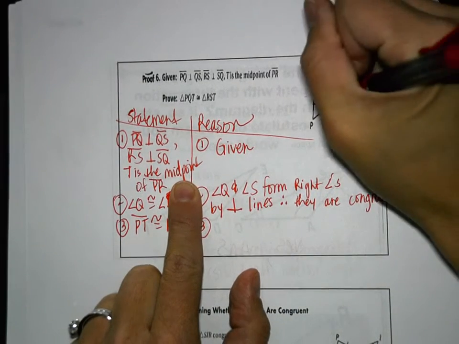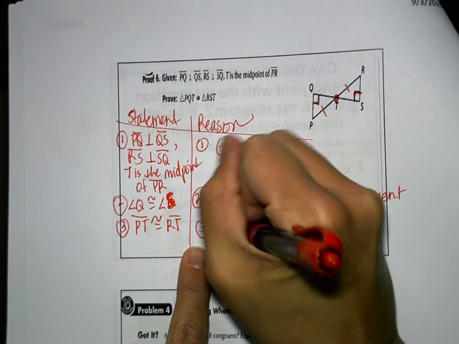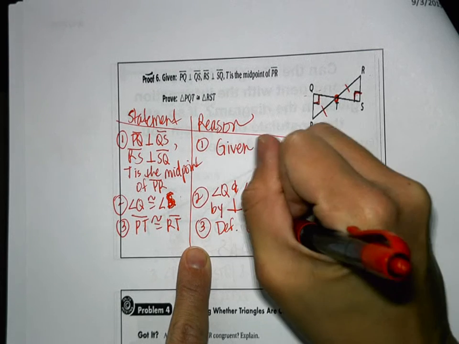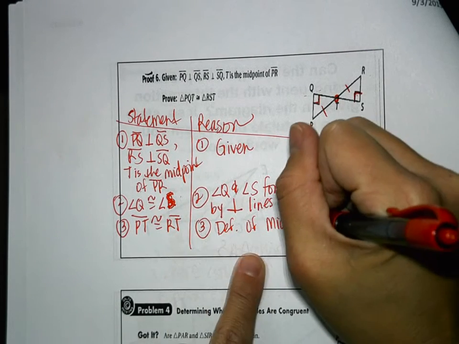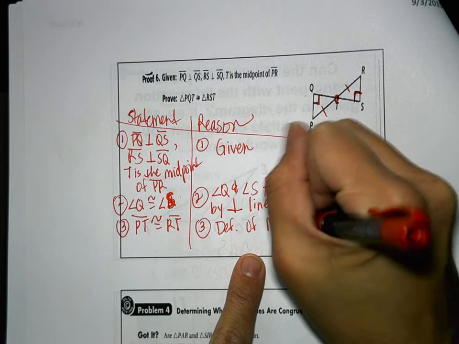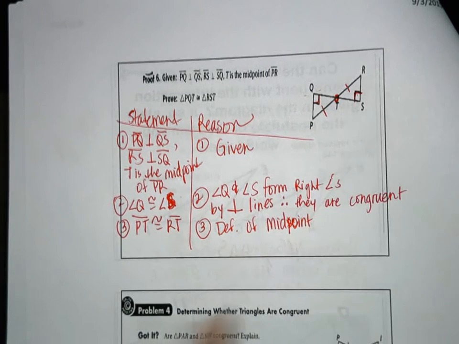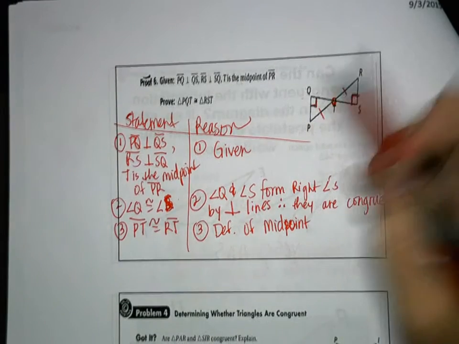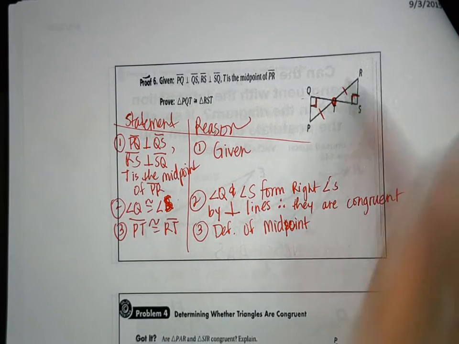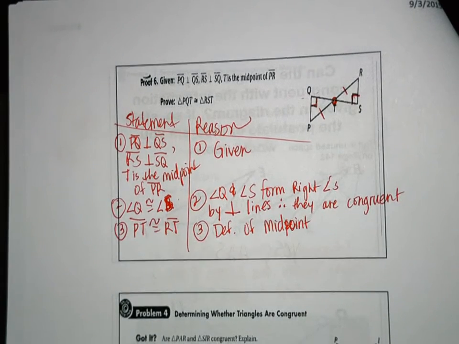So we're going to write definition of midpoint. So if they had said something about bisecting, then I would say that, but since they talked about it being a midpoint, we're going to use definition of midpoint. Okay? So now I know these two are equal. So now I have an angle and a side. Is there anything else that we know in here?